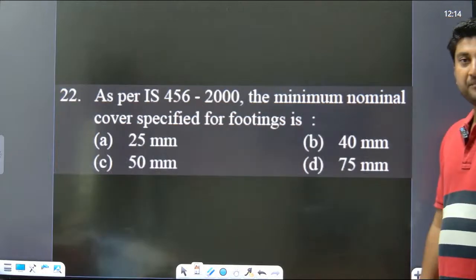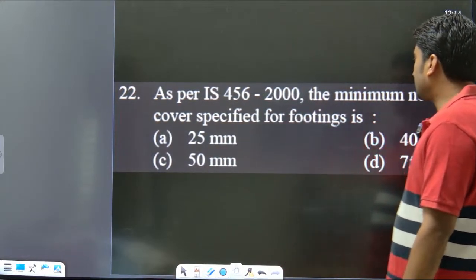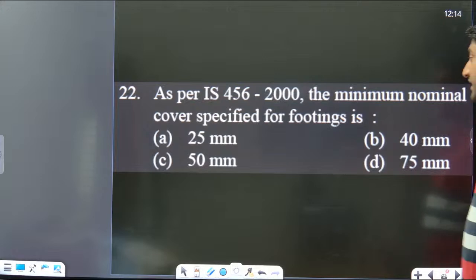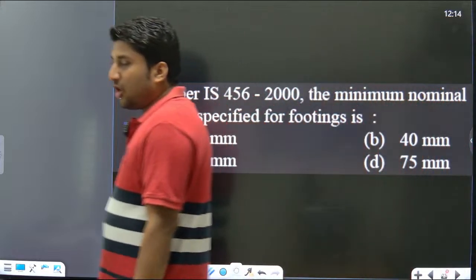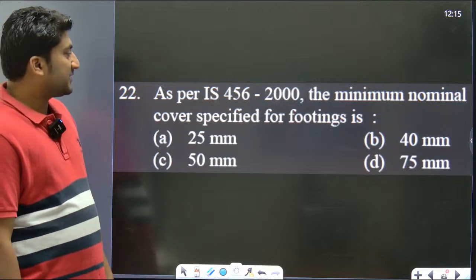Moving ahead. As per IS 456-2000, the minimum nominal cover specified for the footing is. Answer this question. What is the nominal cover specified for footing?